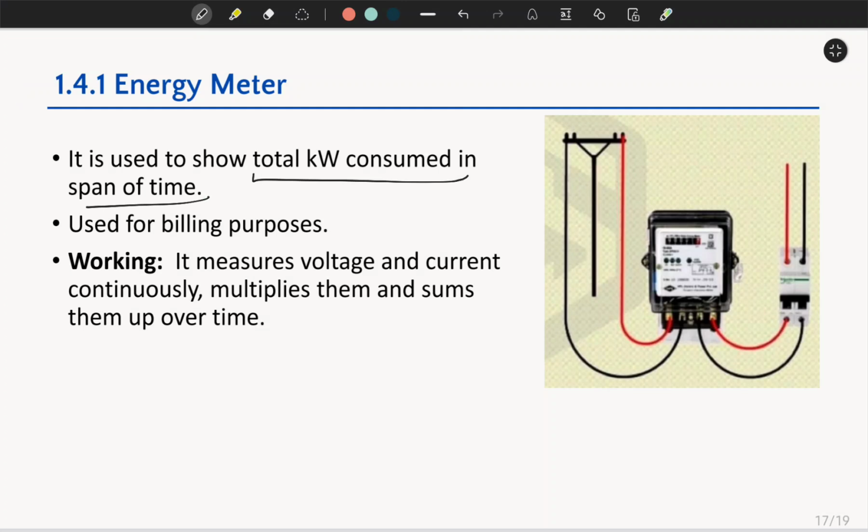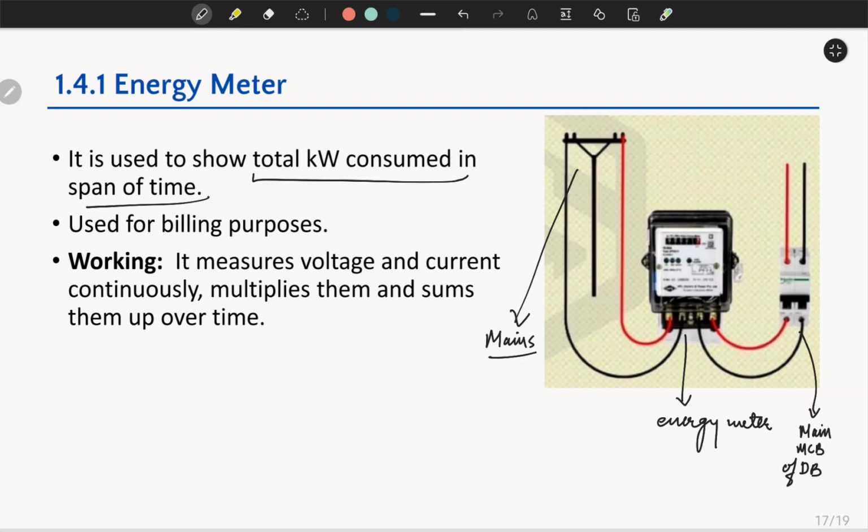It happens by the process that this is my energy meter, this is my electrical mains, and this is my main MCB of the DB, which is the distribution board.